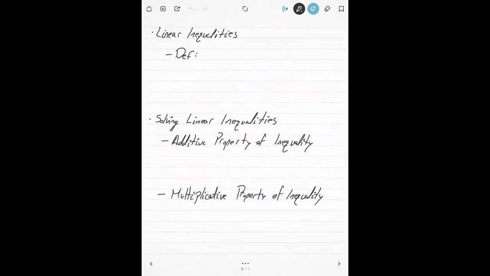First, let's go ahead and define linear inequalities. I'm going to define a linear inequality by first saying, let A and B be a part of the real numbers. Remember this symbol here. It looks like a C with a tick mark in it. That means is a part of or is an element of.